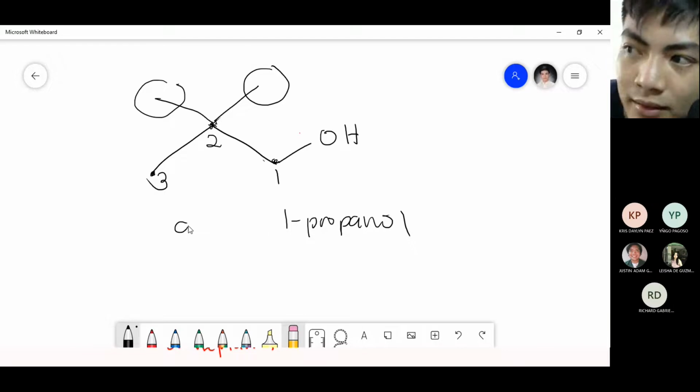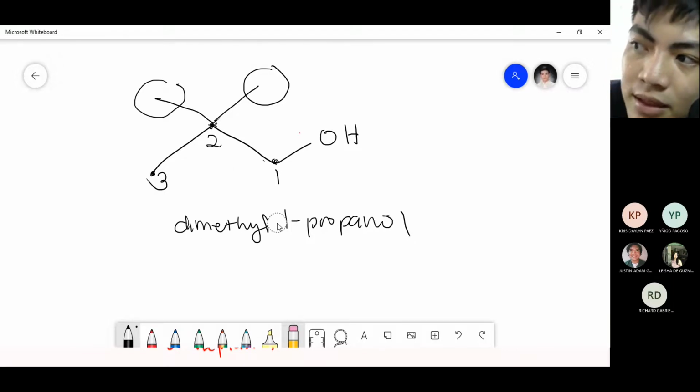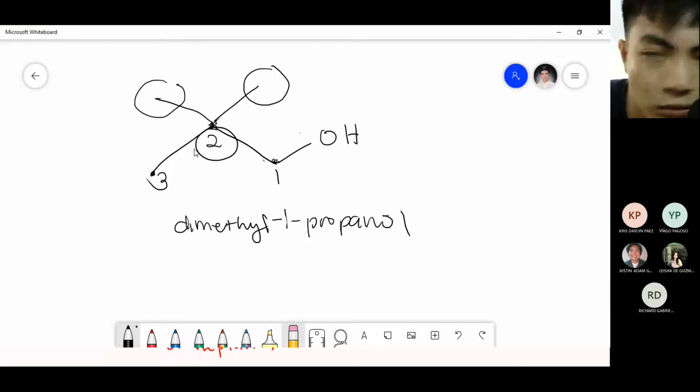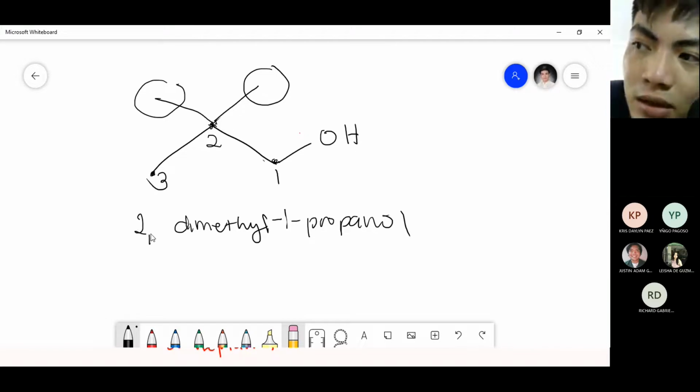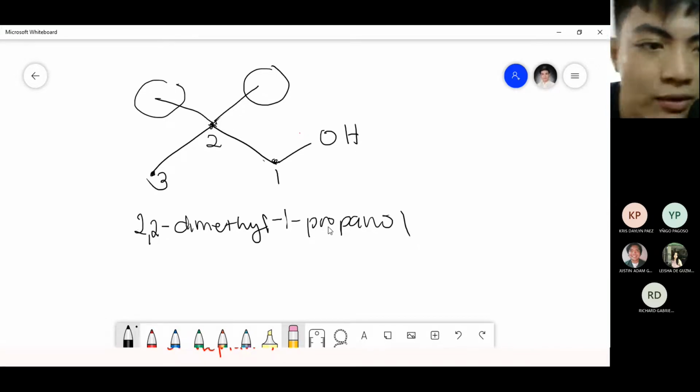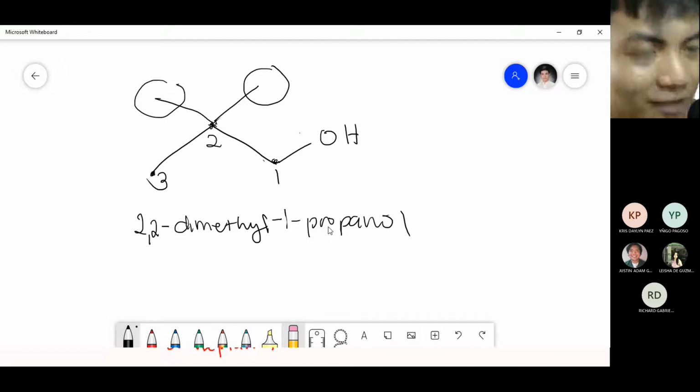So dimethyl. Tapos nasan yung dimethyl? Anong carbon sila? Carbon 2. Okay? So ang pangalan niya talaga is 2,2-dimethyl-1-propanol.